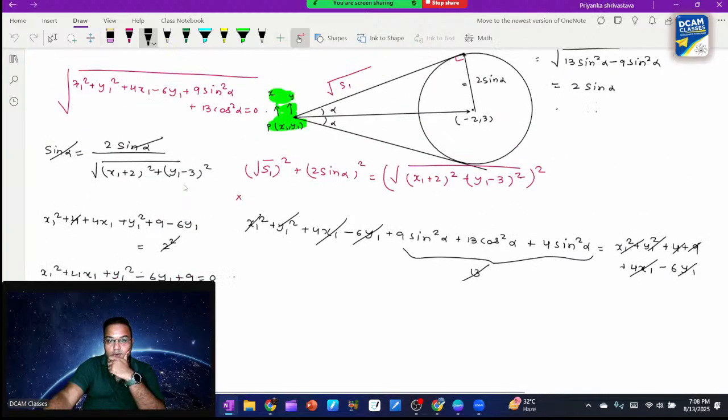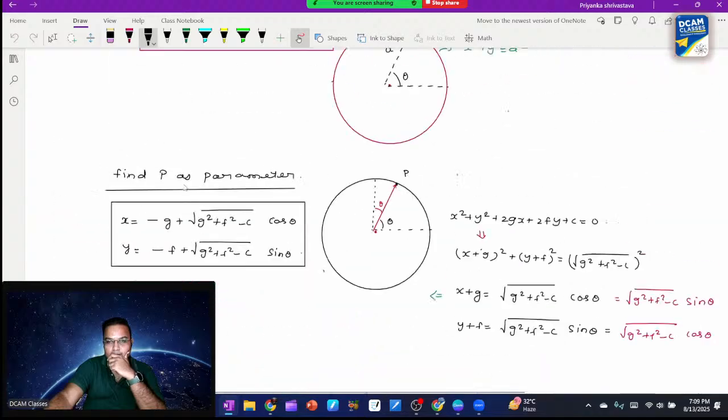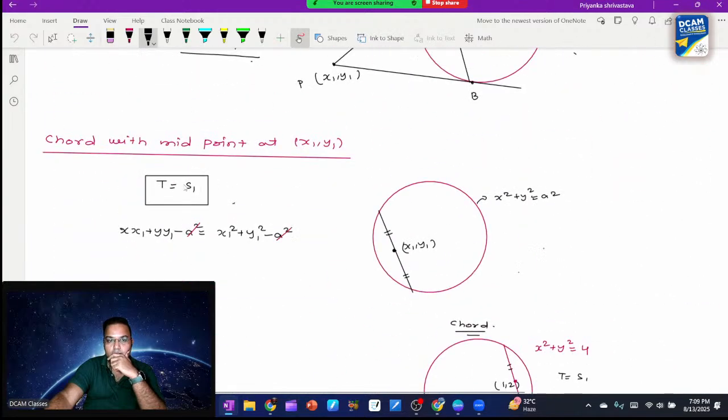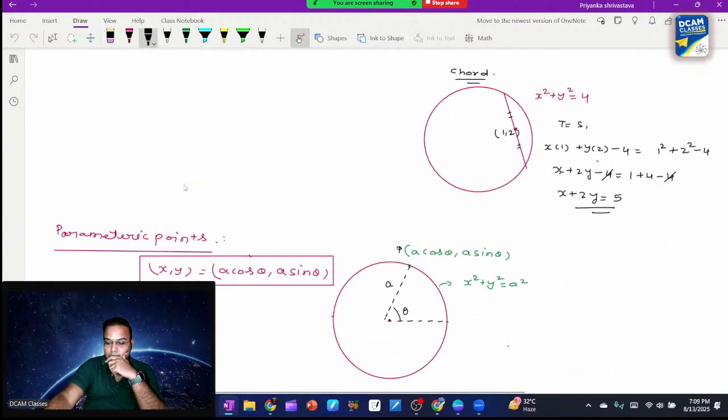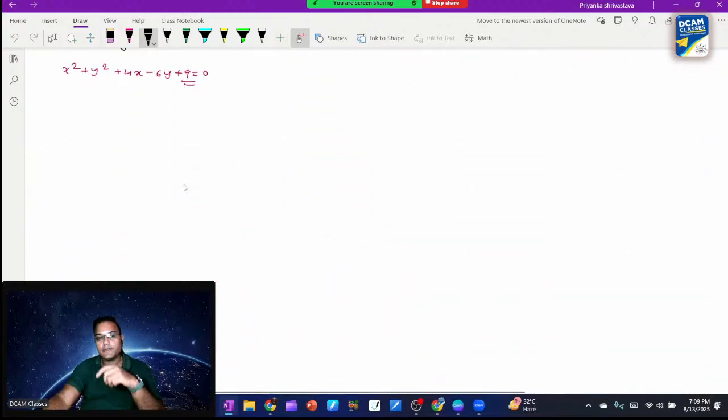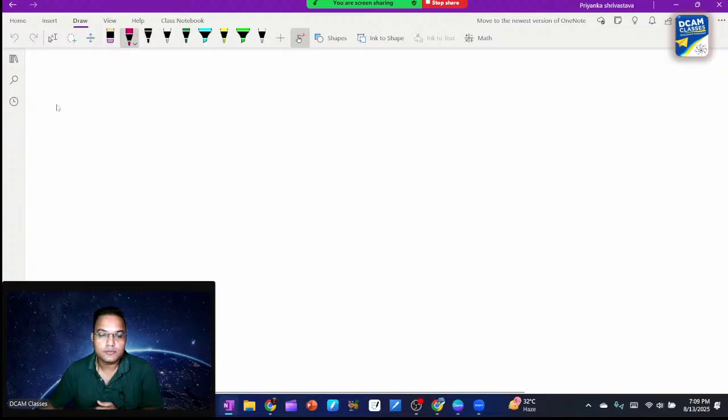Equation of chord and everything. Equation of chord we have done, na? Equation of chord with midpoint, yes, okay. Acha. Now let me tell you about a few of the cases. Different conditions, actually I wanted to say.